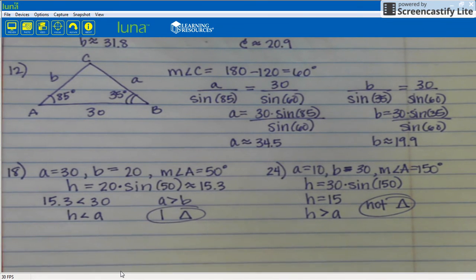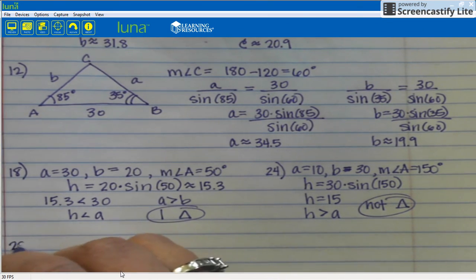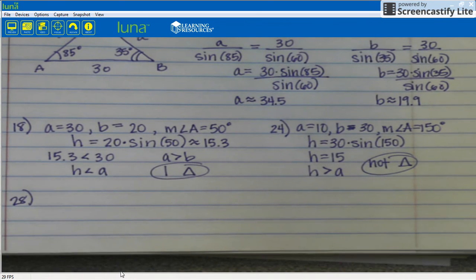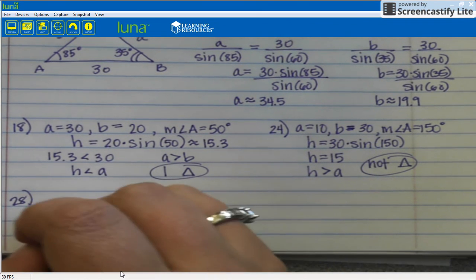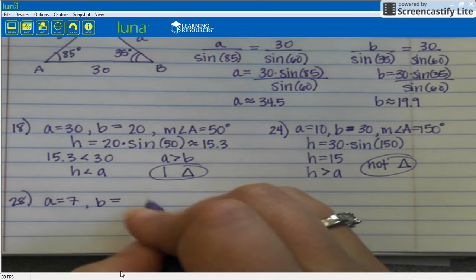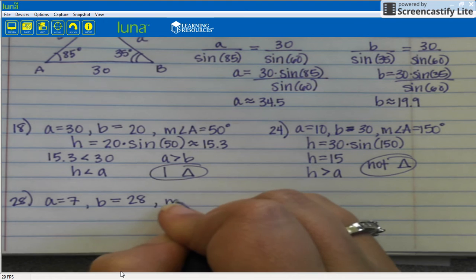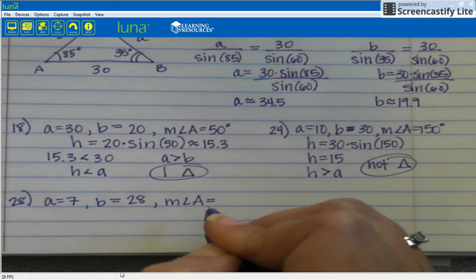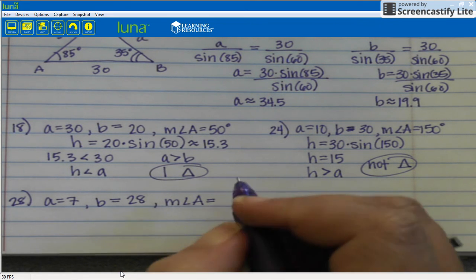And then in 28, we have a is 7, b is 28, and the measure of angle A is 12.